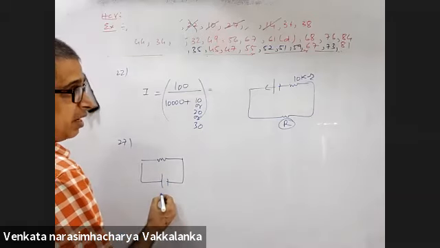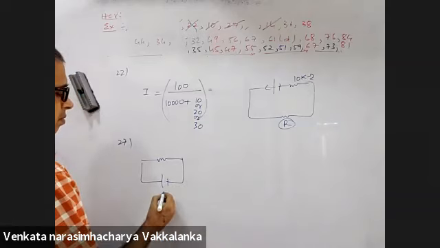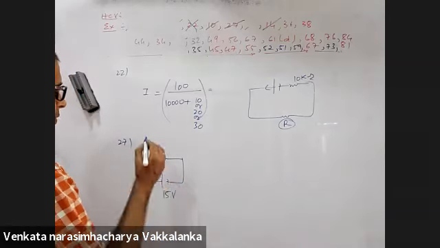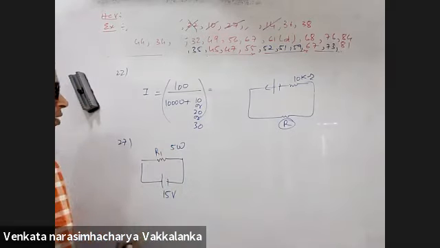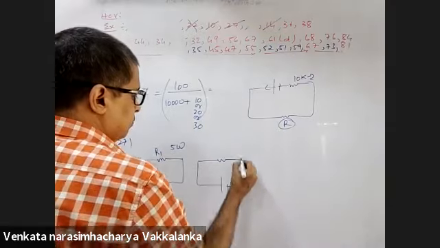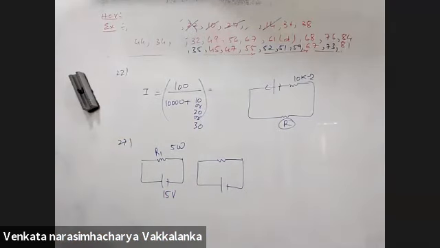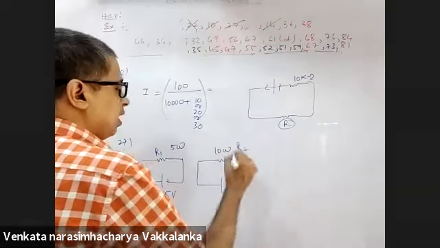What is the voltage of the battery? 15 volts. Now for 5 watts, what will be R1? What is the other power? For 10 watts, what will be R2?